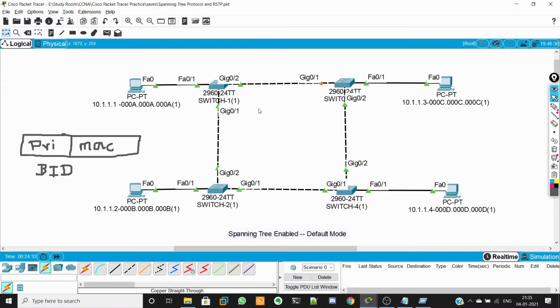The BPDU messages are simply the STP messages which are communicated between the switches, which is different from our normal network traffic. Now in this network, the switch T2 is the root switch. I'll show.